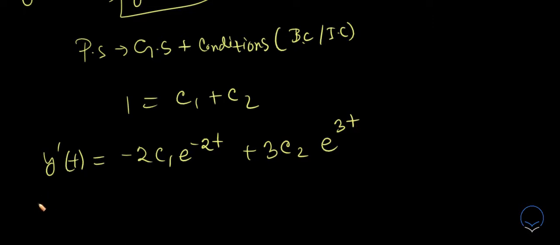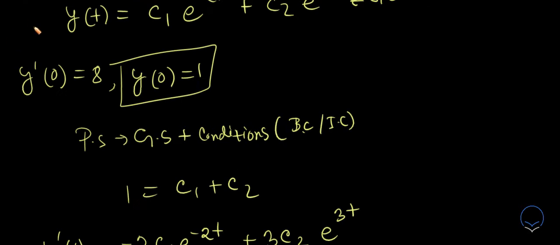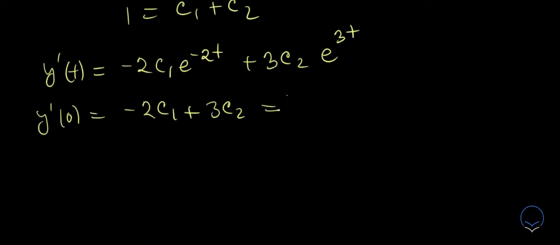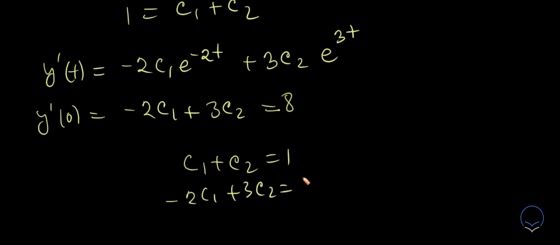Now put t equals to 0, and this becomes minus 2C1 plus 3C2, but since these are the conditions that we're applying on the solution to be precise, this will become 8. So now you have two equations: C1 plus C2 equals 1 and minus 2C1 plus 3C2 equals 8.